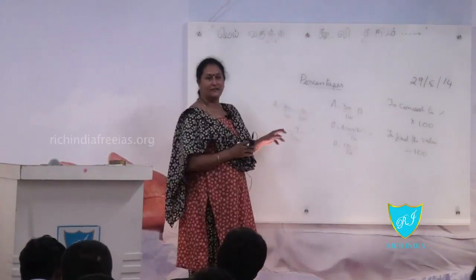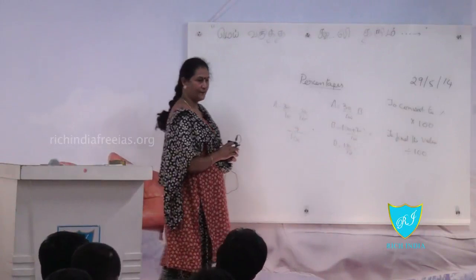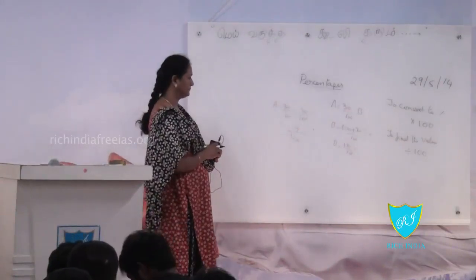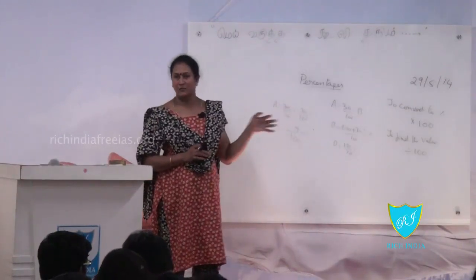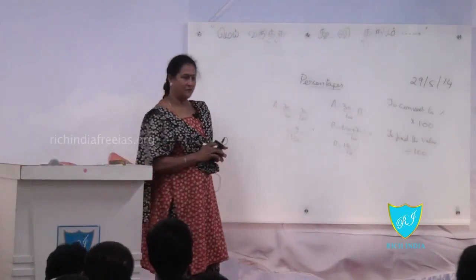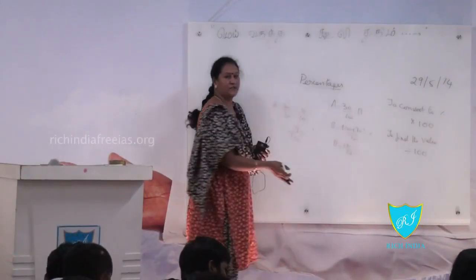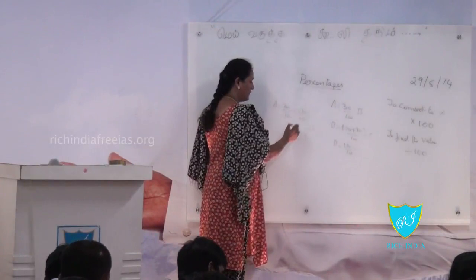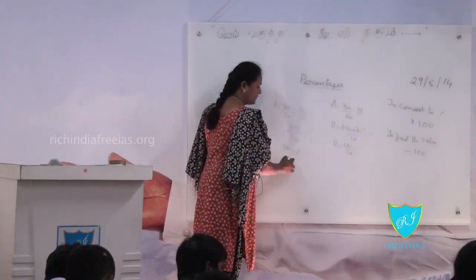Then A salary will be 9% of C salary. Do you understand? Here they have given B salary is 30% more, so you have got A salary is 39% of C salary.